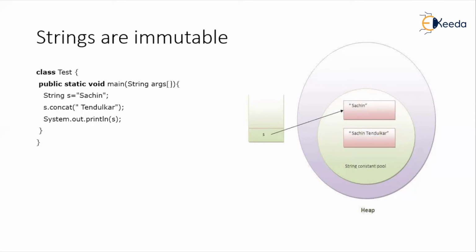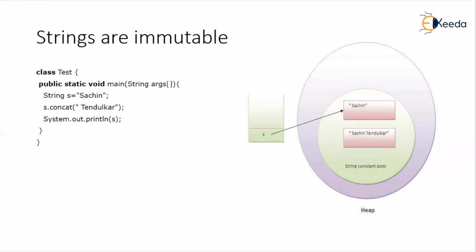So whenever a string object is created, a reference is created and it points to the object in the heap area. Now we are going to perform the concat operation, so the existing data is concatenated with the new data.